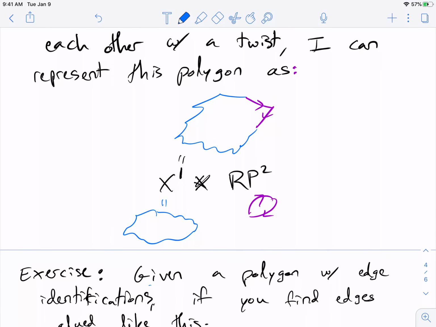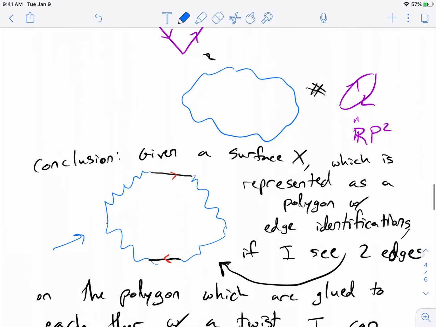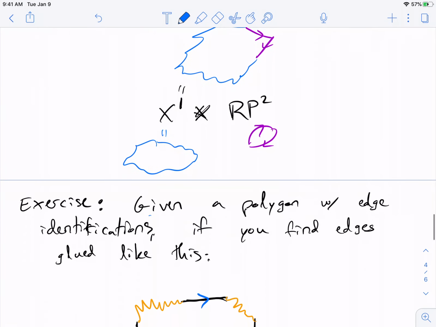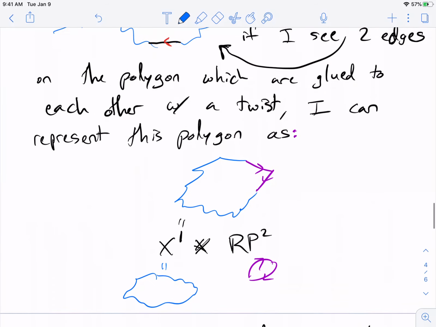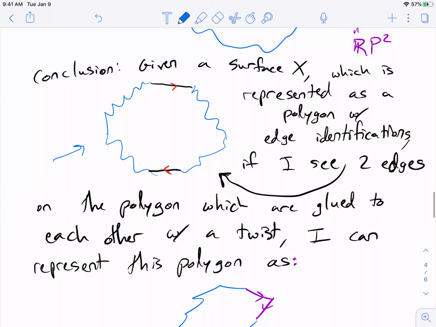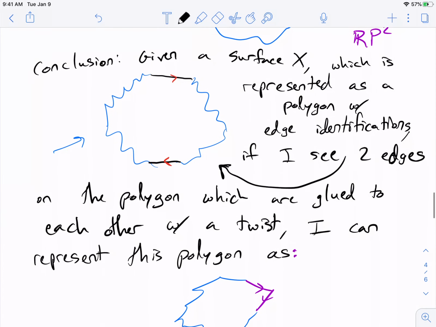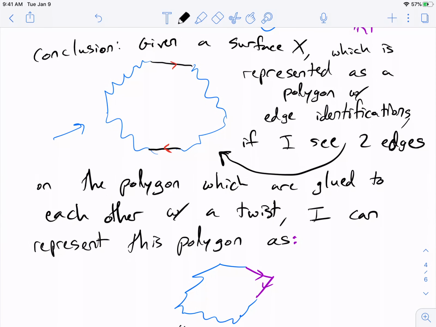Then you know that that's an RP2. And so you can rewrite your surface X as some X prime connected sum with RP2. And basically, do that until you can't anymore, until you can no longer find any edges glued together with a twist. And then see if you can find toruses inside your surface.